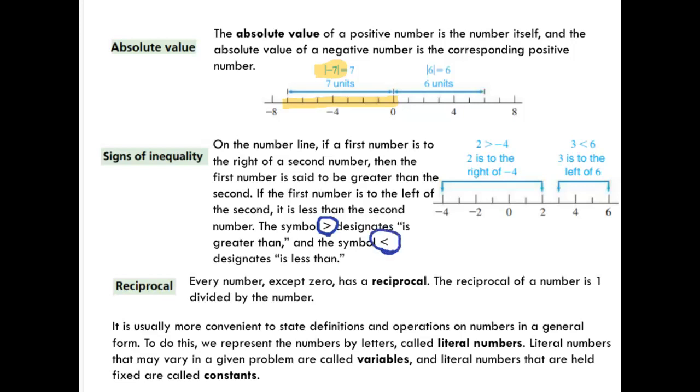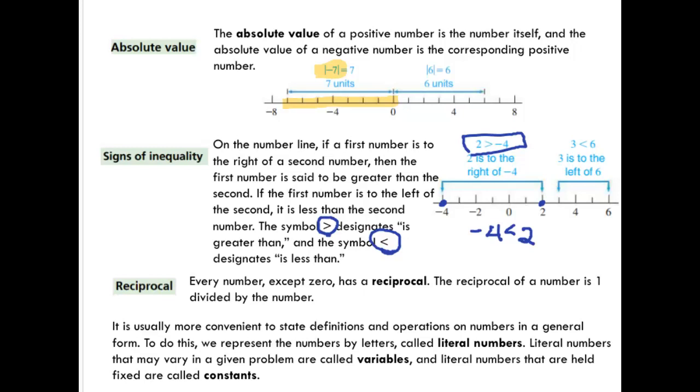And as in this expression right here, when we look at these two numbers, -4 and +2, and we're comparing those, we could say this statement that 2 is greater than negative 4, because 2 is to the right of negative 4. Or we could just as easily have said negative 4 is less than 2. Notice that the arrow for that inequality points to the smaller number.